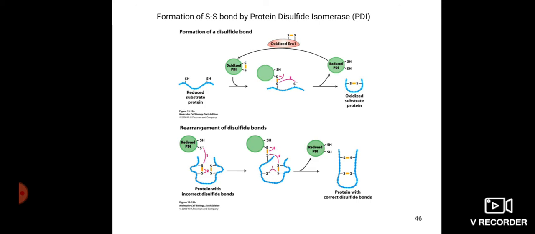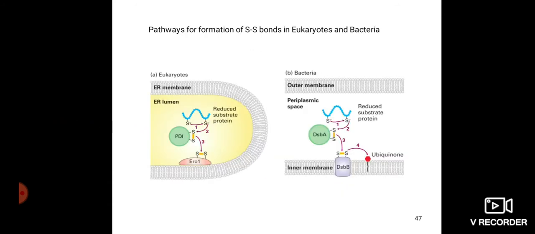So thereby it forms the specific required type of disulfide linkage, which results in the proper folding of the protein and results in the formation of a functional protein.